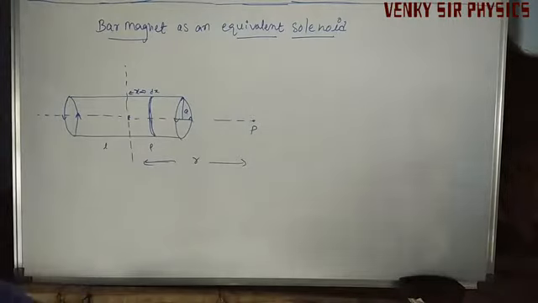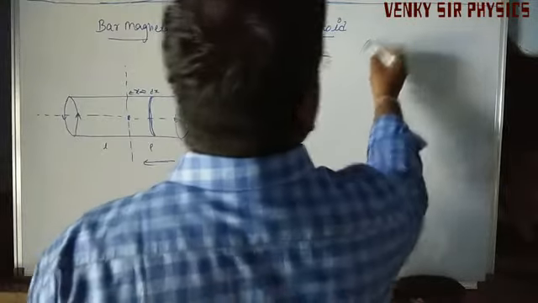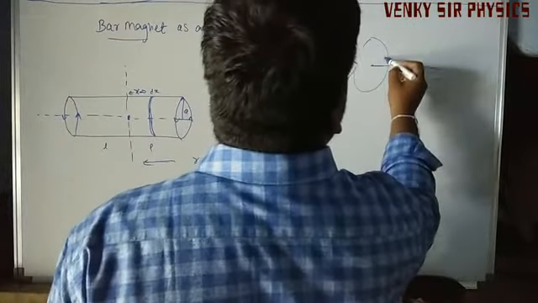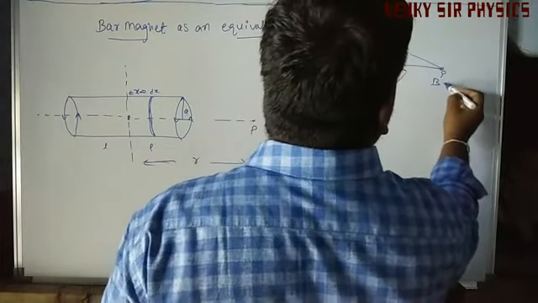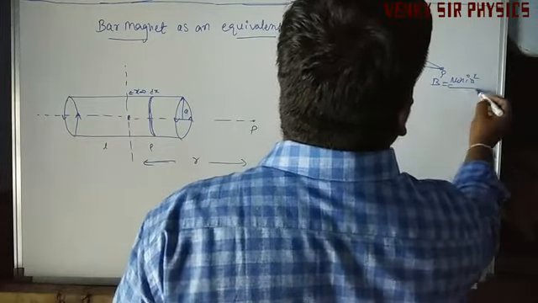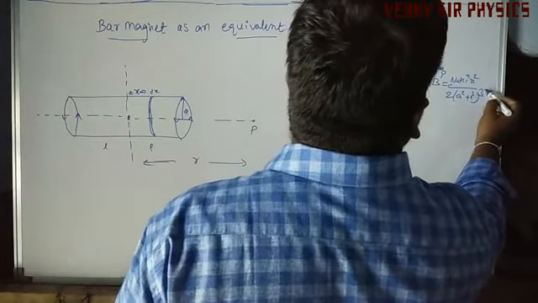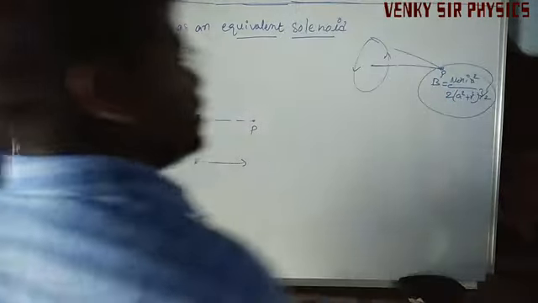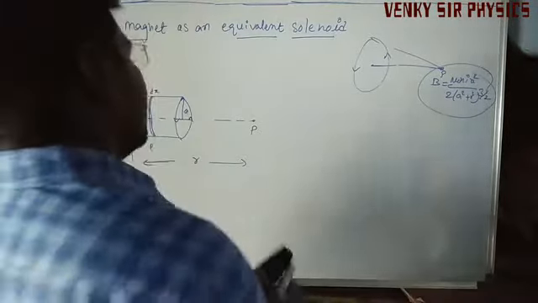Using the magnetic field of a current carrying coil, which we have already discussed previously, if current passes through this coil, at point P the field is B = mu naught N I A square divided by 2 into (A square plus R square) whole power 3 by 2. This formula we need.